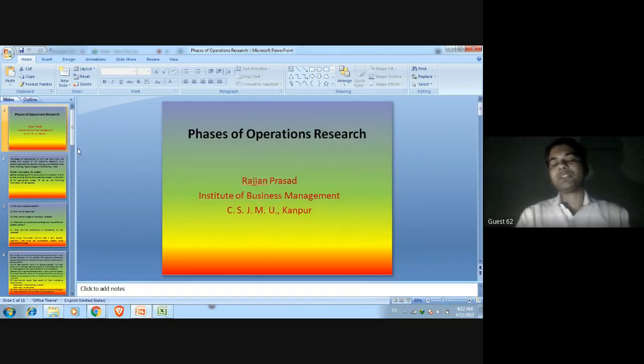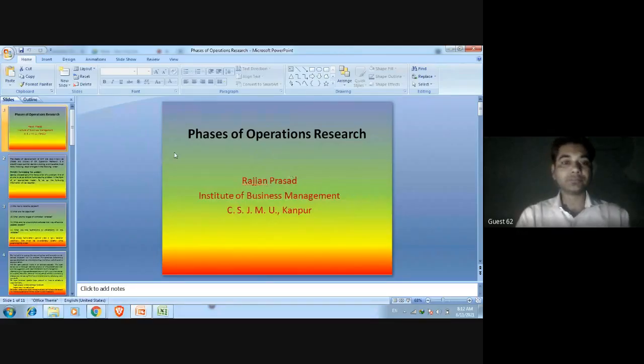Phases of operations research. Phases means the process of development of operations research. How the operations research process has gone through the steps.